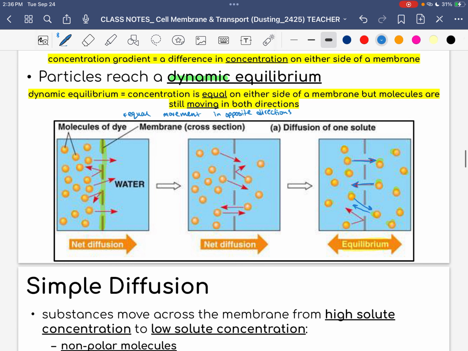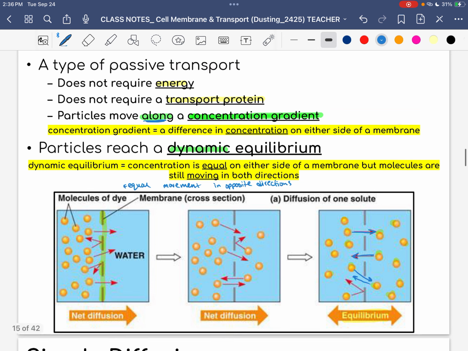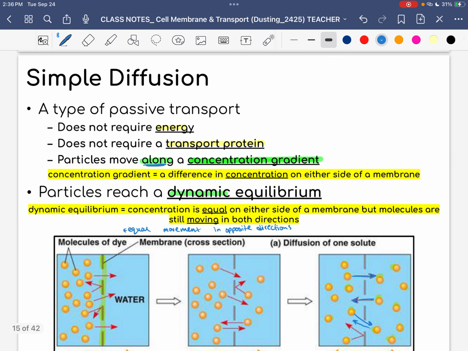Now, one thing that we should maybe just describe here is this idea of moving along a concentration gradient and against a concentration gradient. So from high to low concentration, okay, so when you're going from high concentration to low concentration, that's called moving along the gradient.